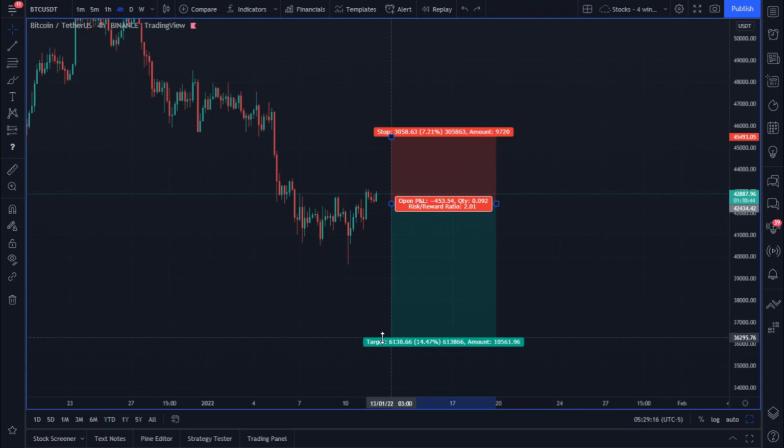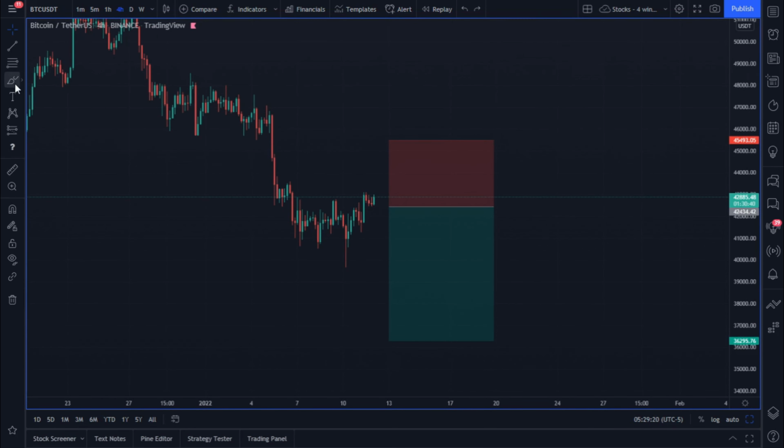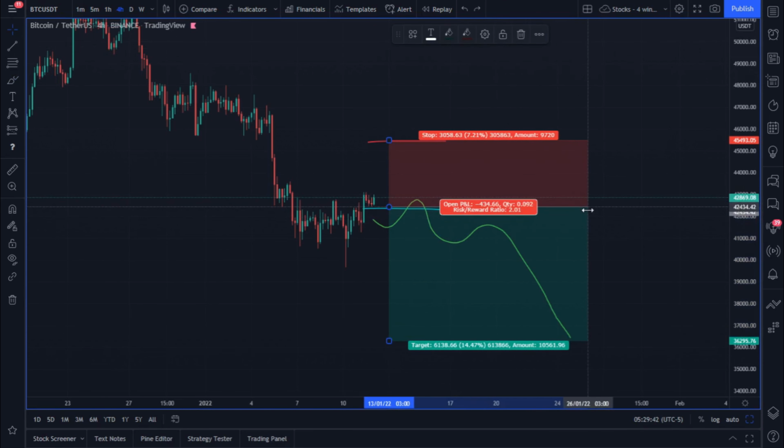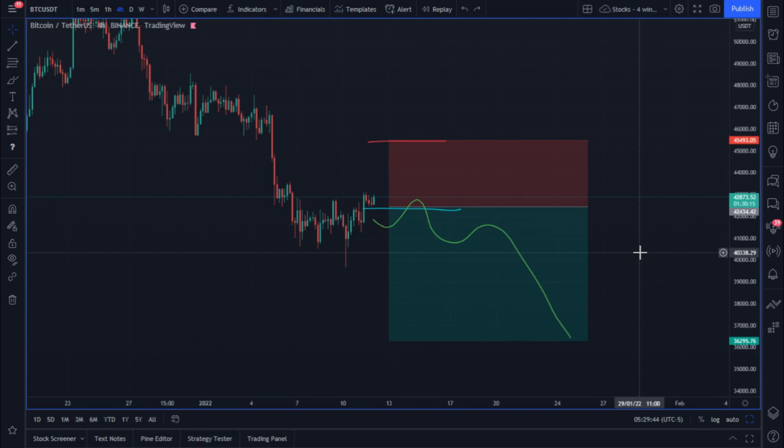All right, so our TA says we enter here. We put our stop loss here, and we believe the price will hit our take profit level, which is down there.